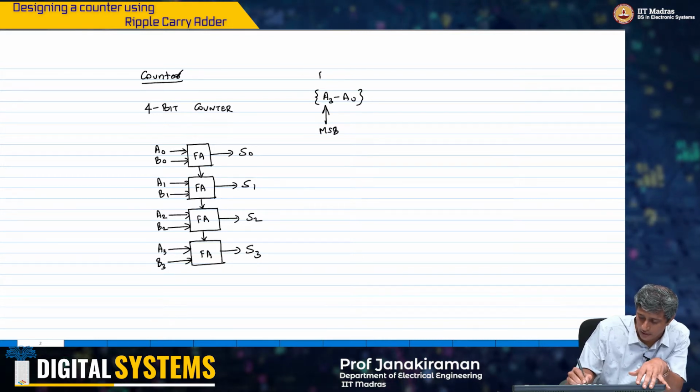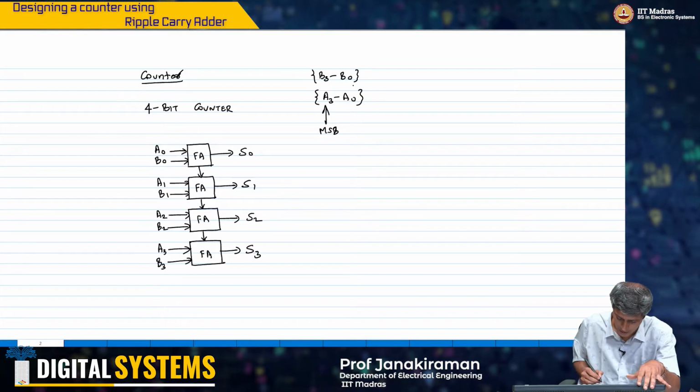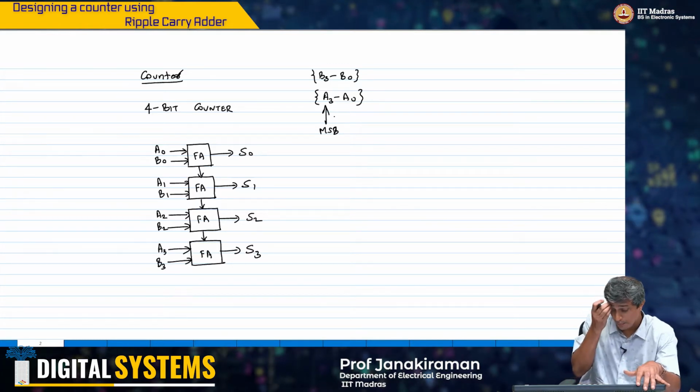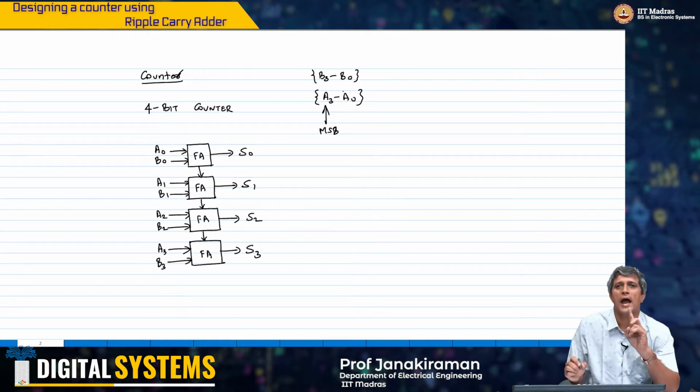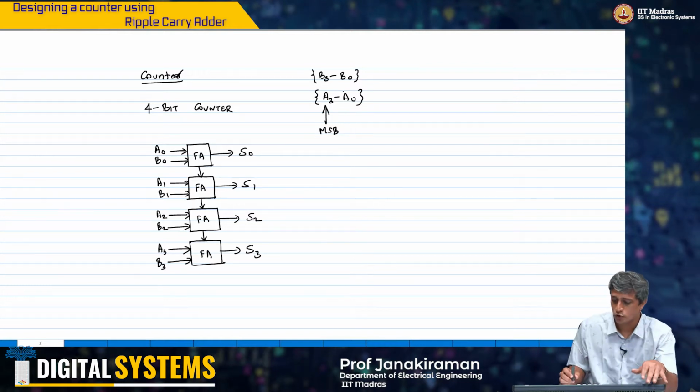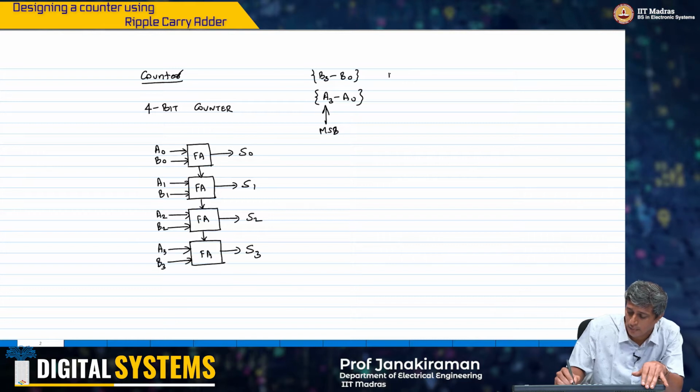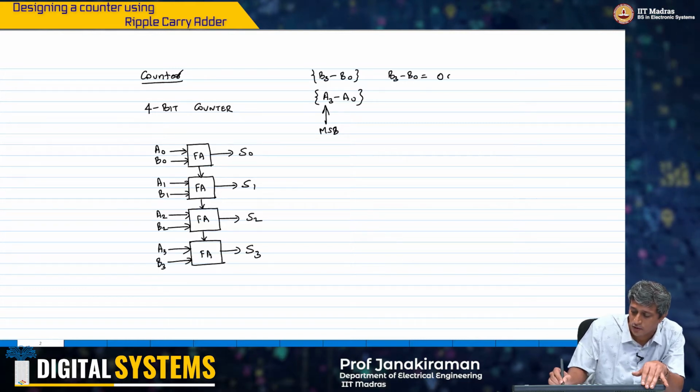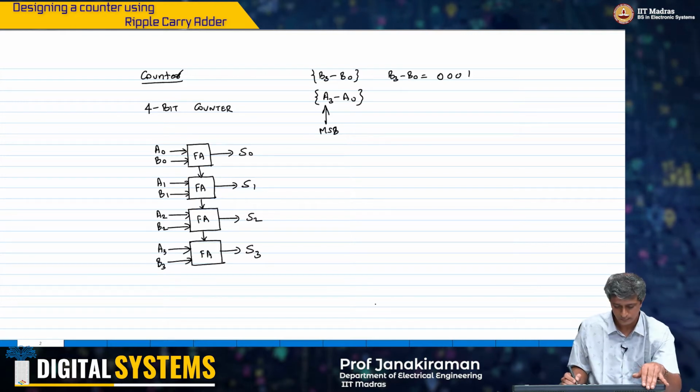Likewise B3 to B0. So if I want to add 1 to this, I just need to make my B3 down to B0 as 0, 0, 0, 1.